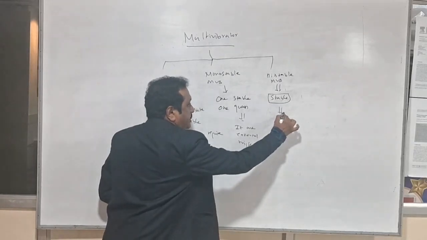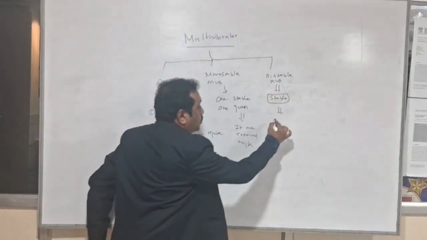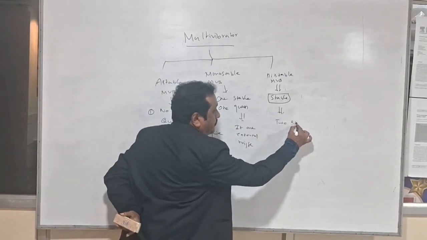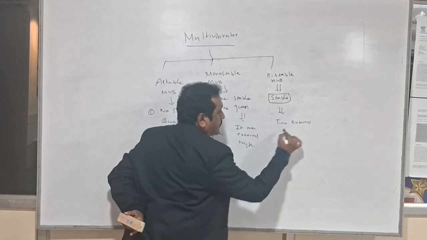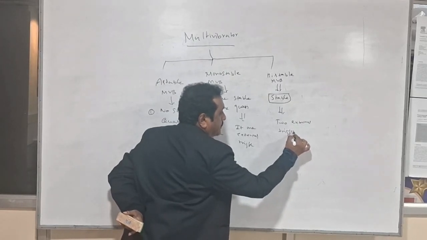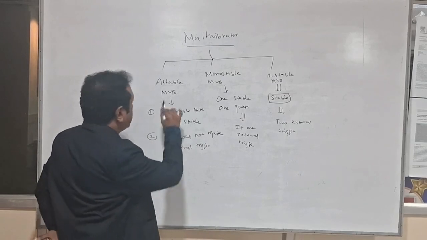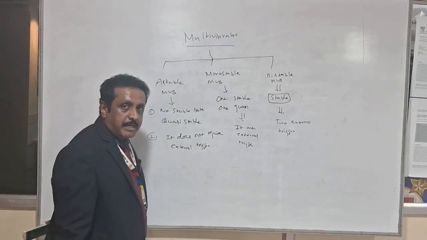And the last one, bistable, requires two external trigger pulses. That is the second difference among these three types of multivibrator.